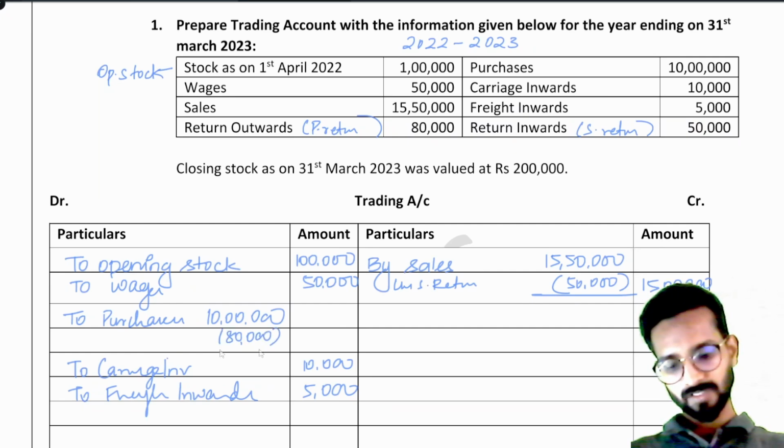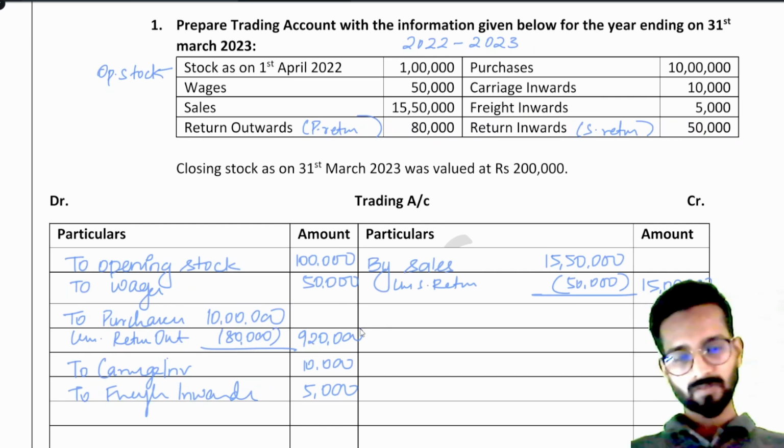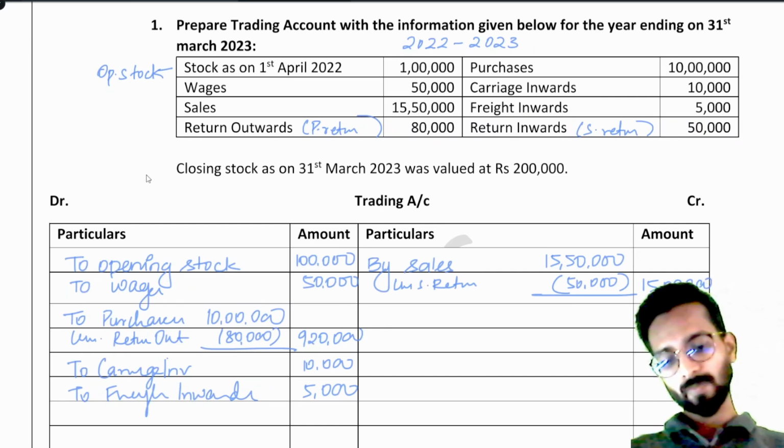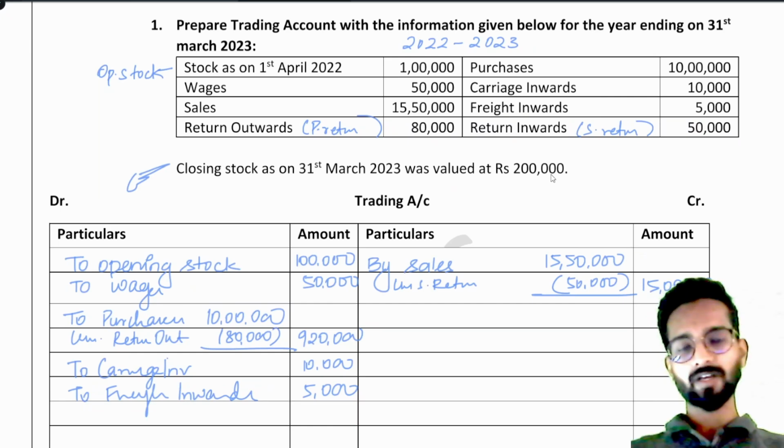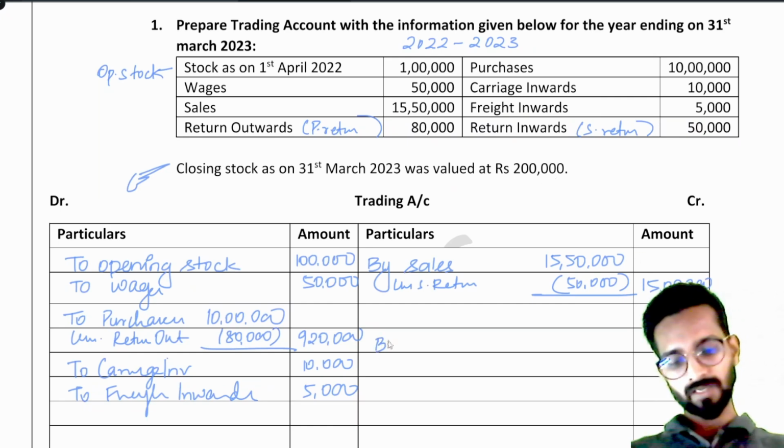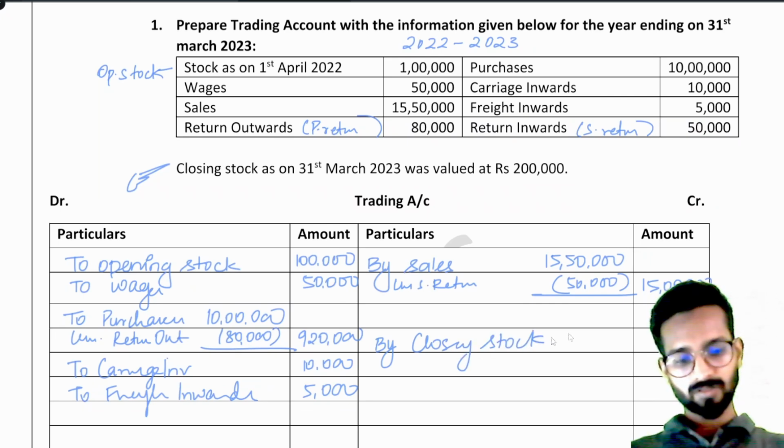So less purchase return, or you can say less return outwards. 10 lakh minus 80,000, 9 lakh 20,000. Very easy. Now, closing stock on 31st March 2023 was valued at rupees 2 lakhs. So we will write it by closing stock 2 lakhs.